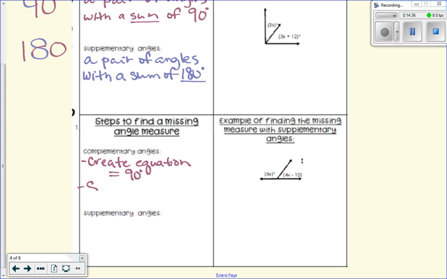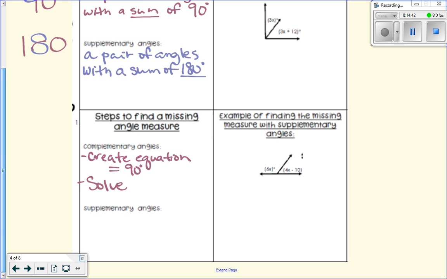And then the next step, you're going to solve, okay? Supplementary angles, very similar. When you create your equation needs to equal what? Good, 180 degrees. And then once you set up your equation that equals 180 degrees, you can then solve for the variable.